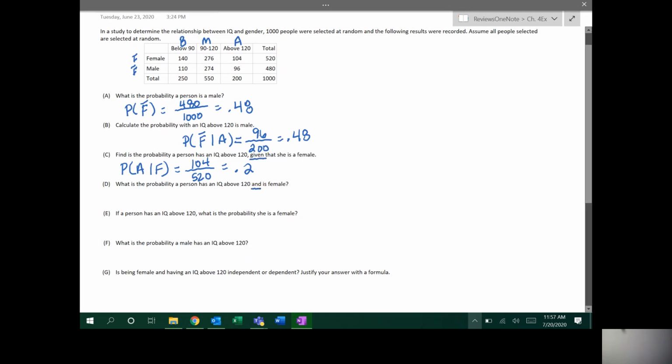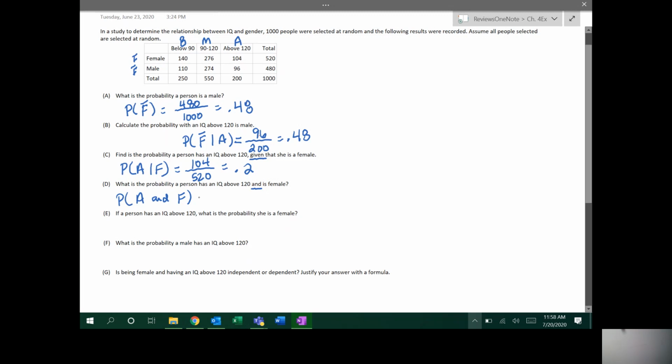In part D, they were nice and gave us the word and. So a high IQ and female. There are several ways to do this. There are some ways that are the hard way. If this were not a contingency table, I would definitely tell you to use the hard way. It's your only option. But this is a contingency table.